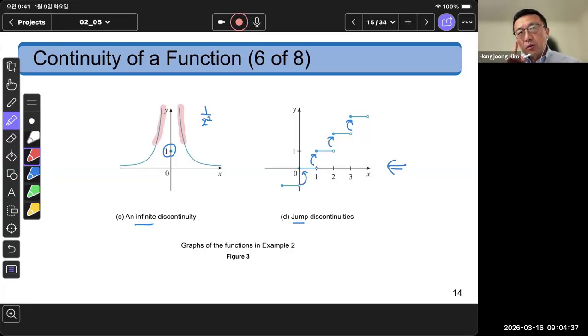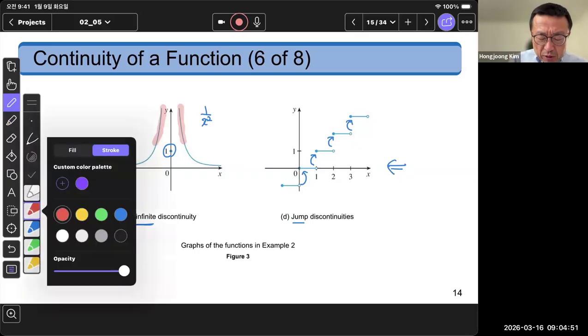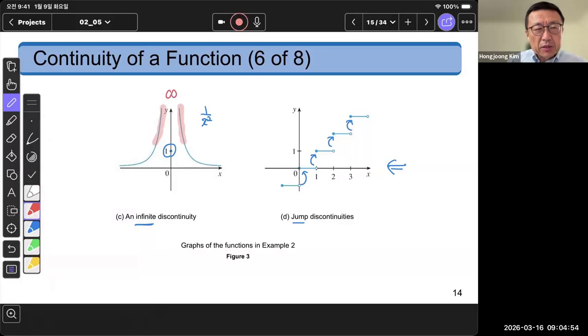So you may intuitively say that the value of the function at 0 will be infinity. We sometimes use that expression, but that is not the exact expression because infinity is not a real number, right? So this infinity is a conceptual symbol.